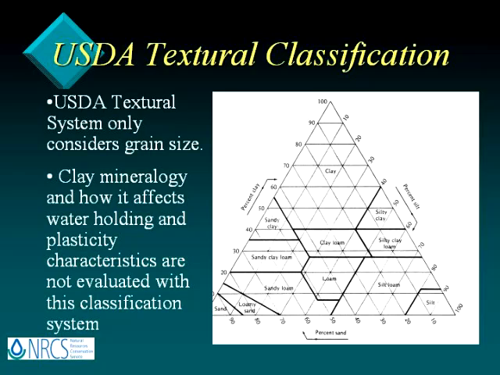So in the upper part of the triangle, we have soils that predominate in a clay component. In the lower right, we have soils that are heavy in silt and lower in clay and sand. And in the lower left, we have soils that are primarily composed of sands with smaller amounts of clay and silt.